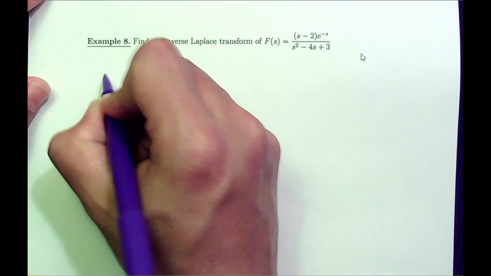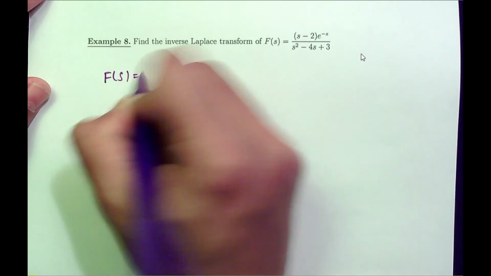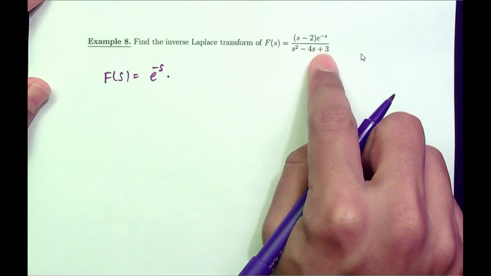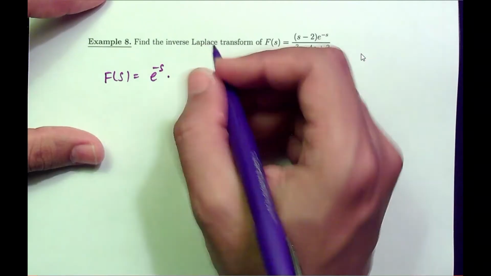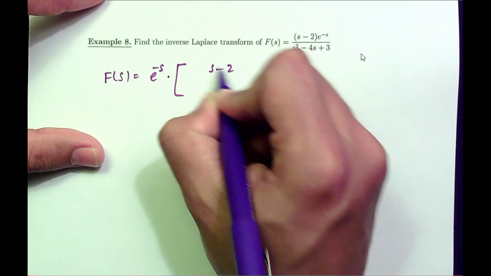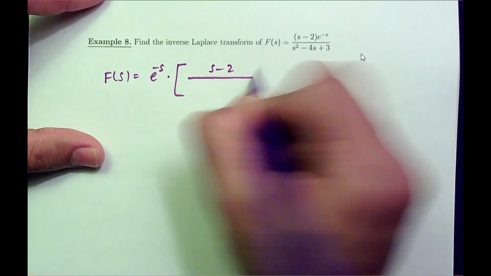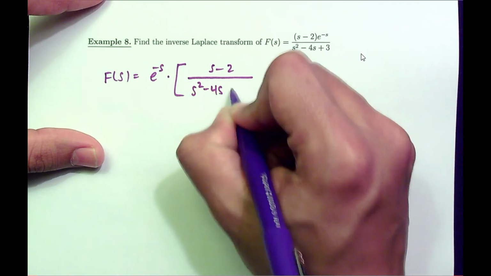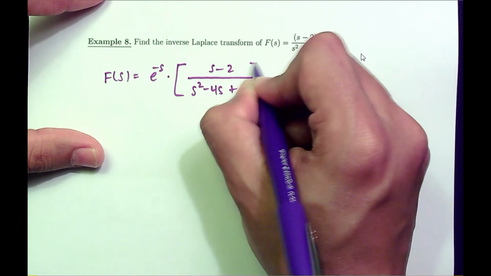Alright, so first thing is pull out the e part, just like we started the other one. So this is e to the negative s times, and then what is left? s minus 2, all that over s squared minus 4s plus 3.